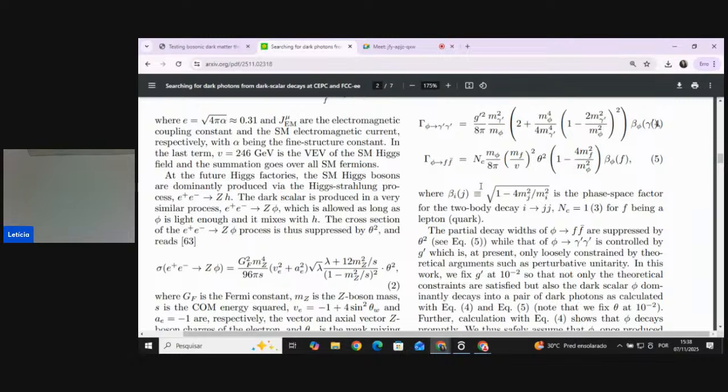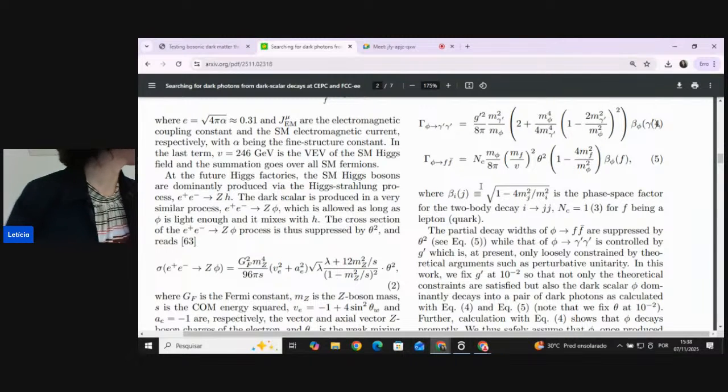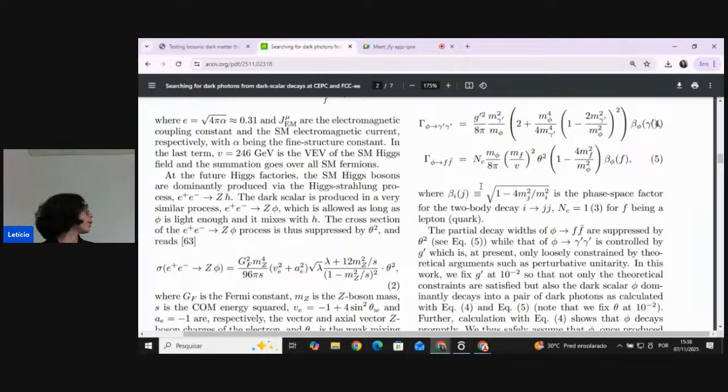So we would produce fermions in both ends. And the two strategies that they look for in this paper is first looking for just one vertex displacement, so one dark photon producing later on two fermions, and the other one we don't care much, or looking for two displaced vertices.